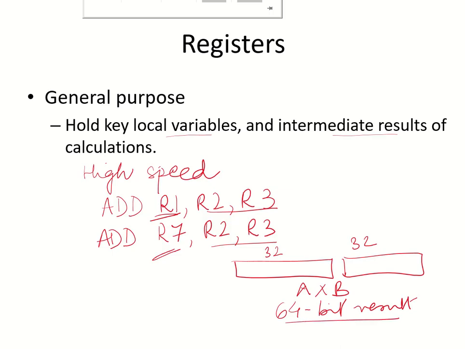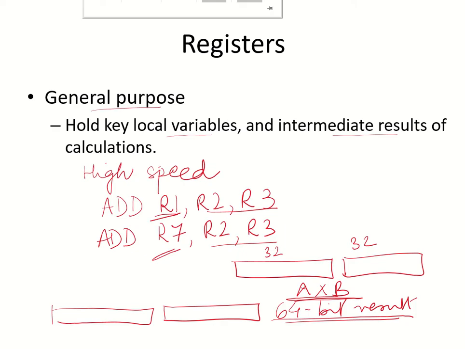For this, I would be requiring the services of two registers to hold this result during multiplication. So I can designate two of these general purpose registers, which will always be used when multiplication has to take place. So apart from being general purpose registers, they might be used in some other specific task also.